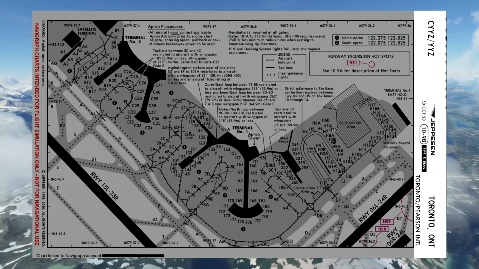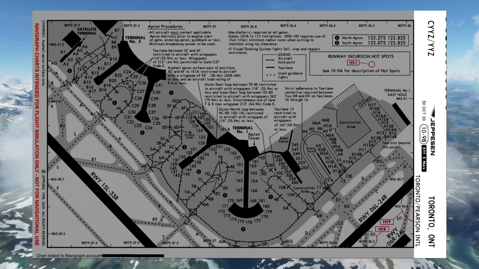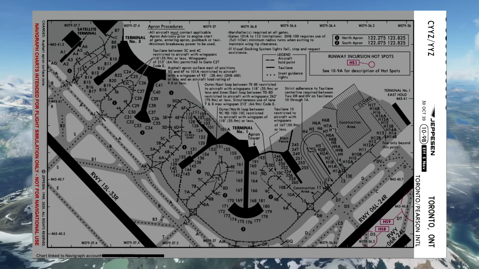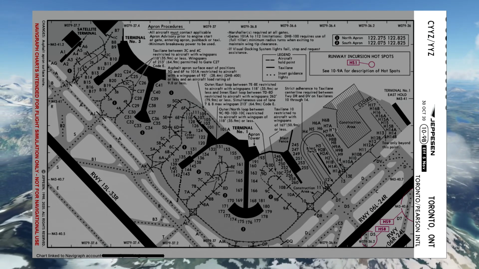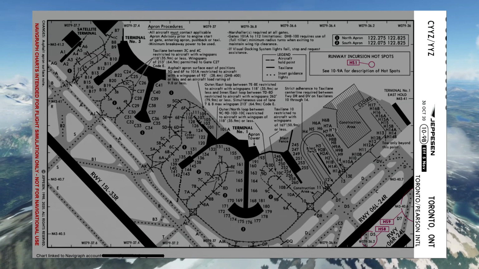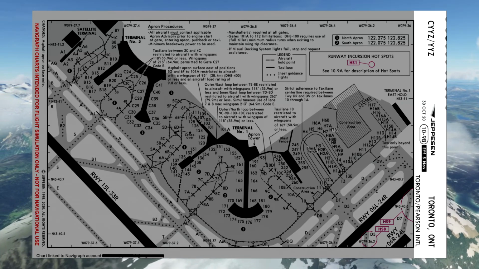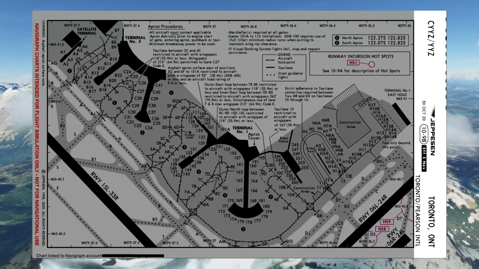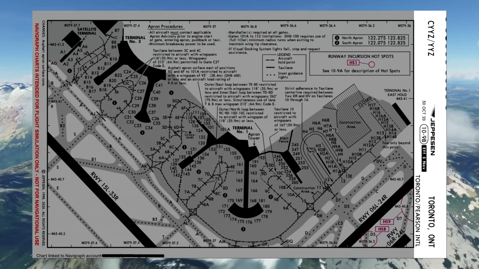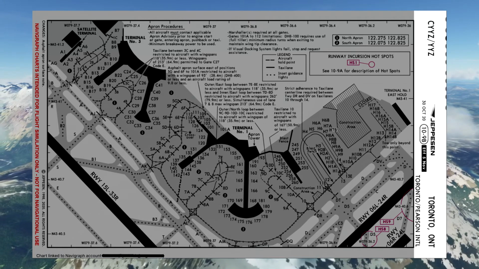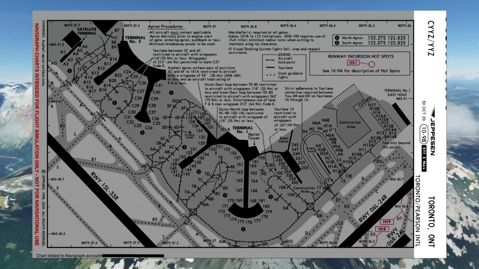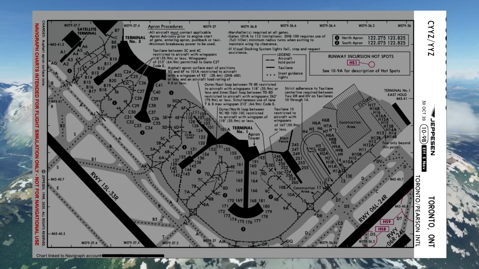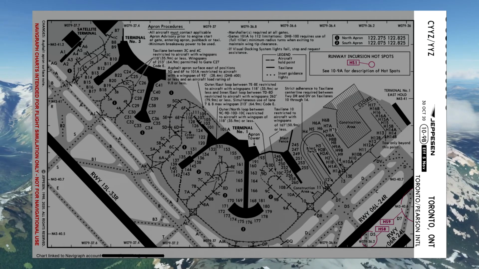So on the top again, you have the standard information. You have the runway identifier, the city, the airport name. You also have a new note under where it says Jeppesen. You have effective 5 November. So there's obviously a change, and this is when the chart was effective. So it may come out a little bit in advance, and it says as of 5 November, this is what we're using.